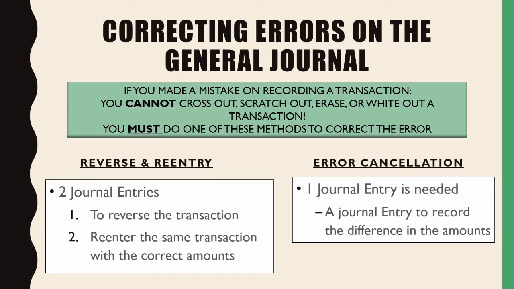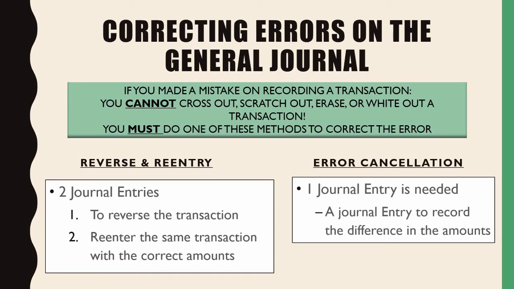And the one rule that the General Journal expects you to follow is, you cannot erase, cross out, delete, or white out. You can't do any of those when you post a transaction. Of course, because we're in class, I'm going to allow it because we're learning how to perfect our journal entries. But this is a rule that applies because when other people look at your books and they see that you scratched something out, they're automatically going to think fraud, because that is typically what people who commit fraud do.